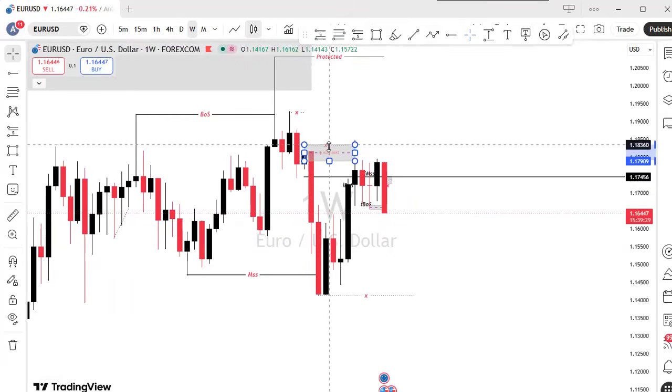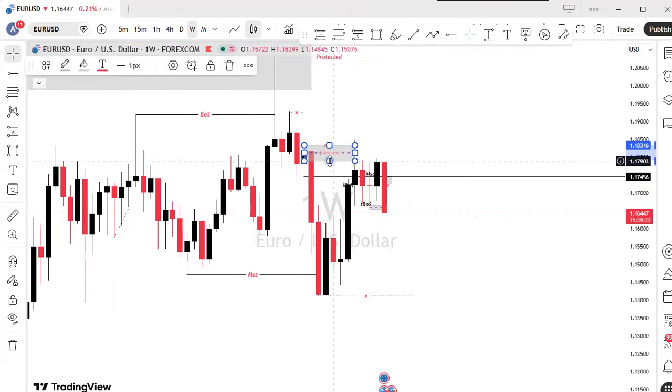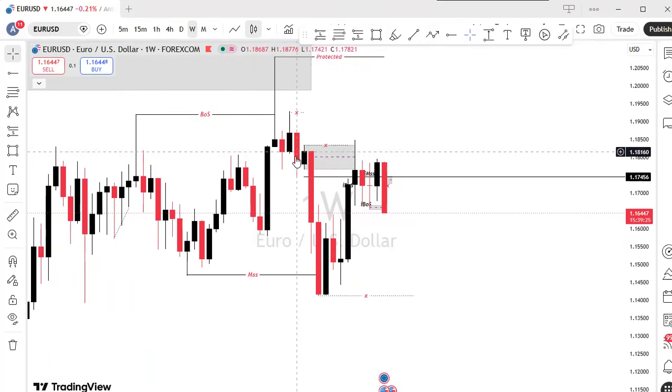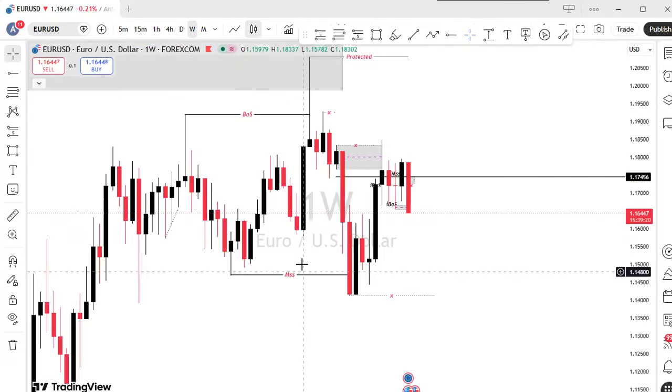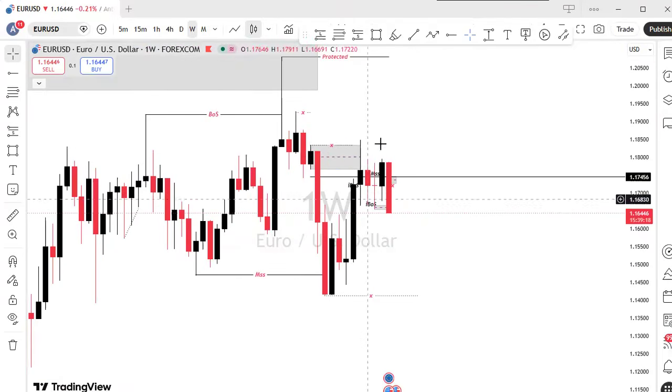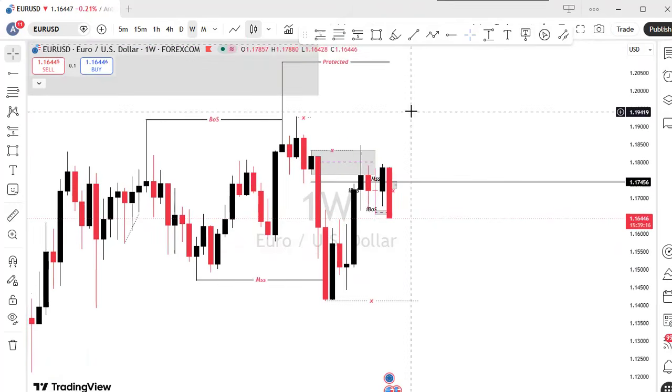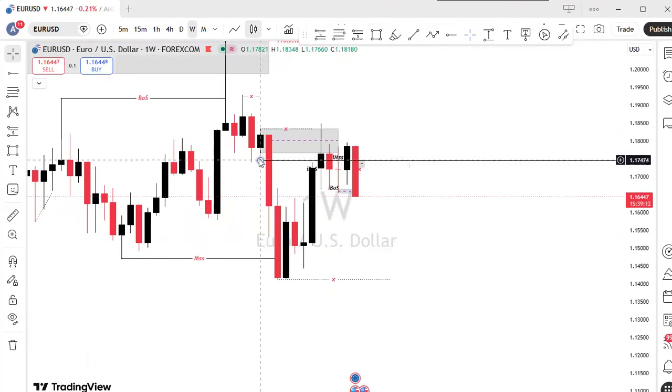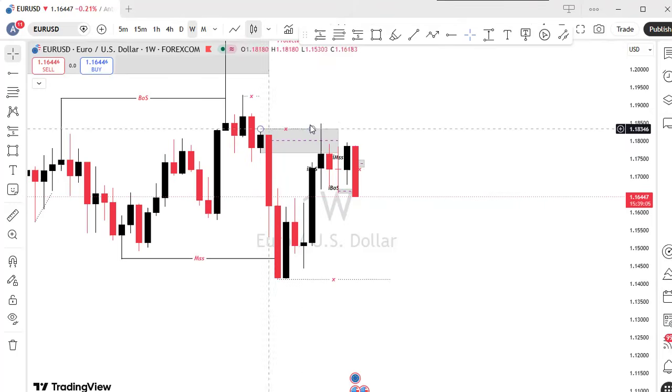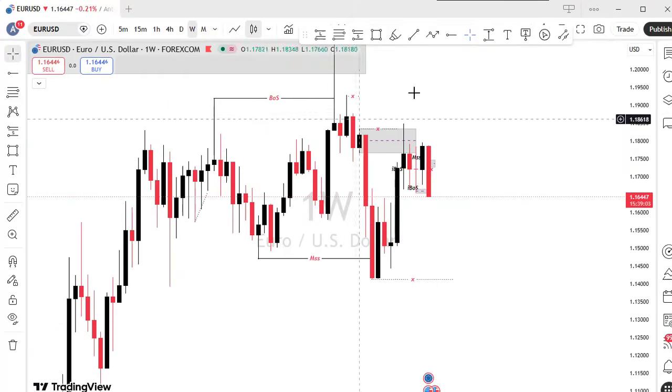You can see very clearly we have this very nice order block, the last buy candle before this sell movement to break this structure to the downside or to give you a change of character. So that becomes your order block because you can't see any other point of interest above here. Do we have a fair value gap below it? You can see we have a very massive fair value gap below this order block, making this a very strong point of interest.